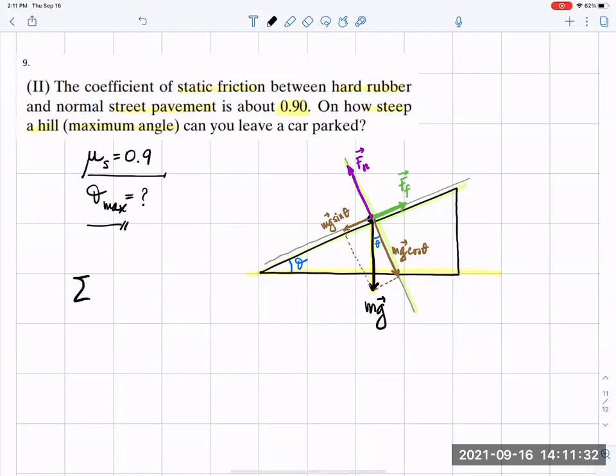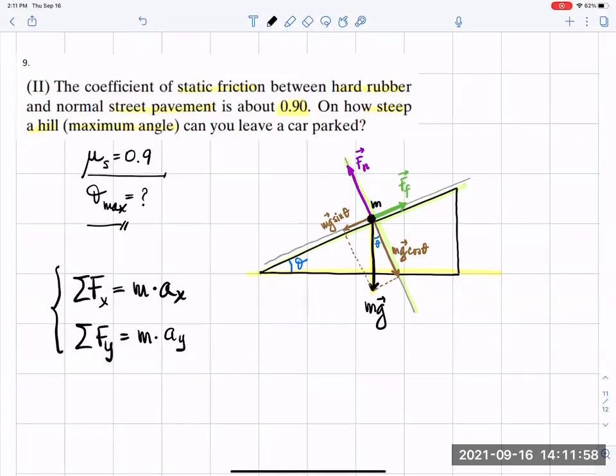So the sum of all forces, which you do for each component, on the x direction should be equal to the mass times acceleration on the x-axis. And we'll talk about each one separately. Then the sum of all forces on the y direction, the net force on the y direction, will be the mass of that object, I'm going to put this as an m right there, times the acceleration on the y direction. This will produce a system of equations that you actually go about and solve.